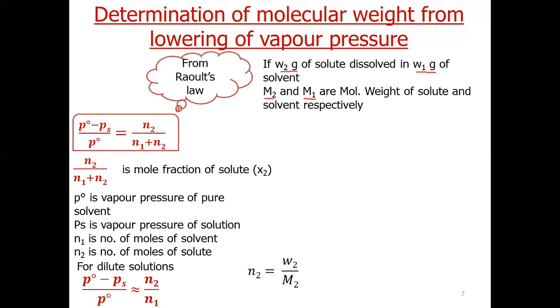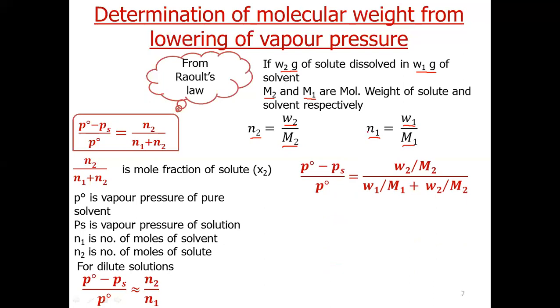So from this we can write number of moles of solute is equal to weight of solute divided by molecular weight of solute, and number of moles of solvent is equal to weight of solvent divided by molecular weight of solvent. Putting these values of N2 and N1 in this relation, it reduces to P naught minus Ps by P naught is equal to W2 by M2 divided by W1 by M1 plus W2 by M2.